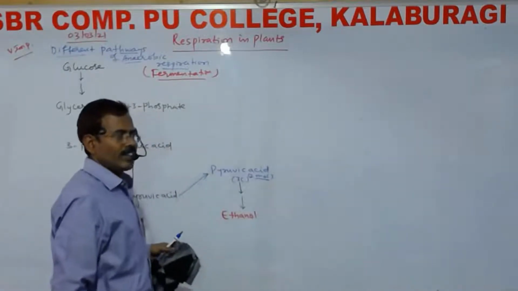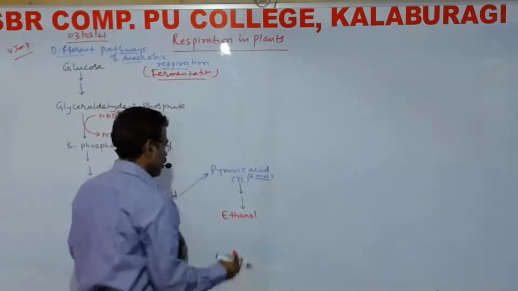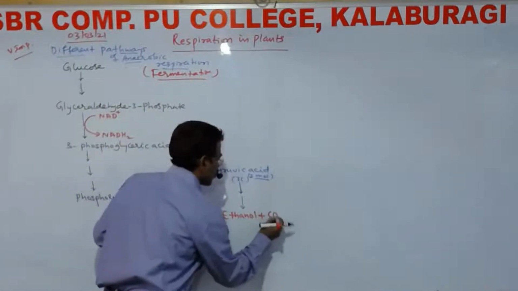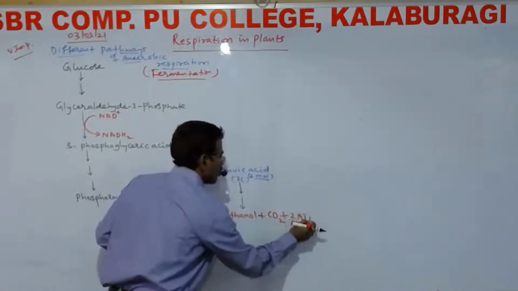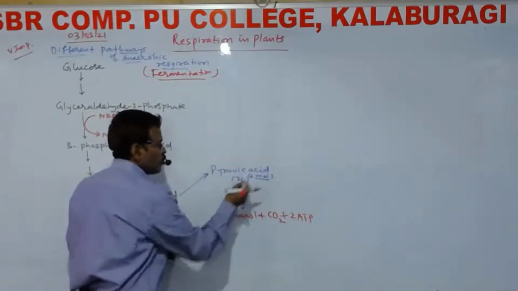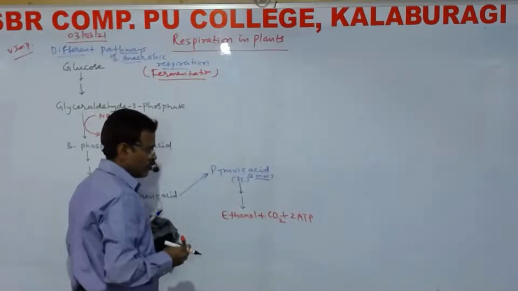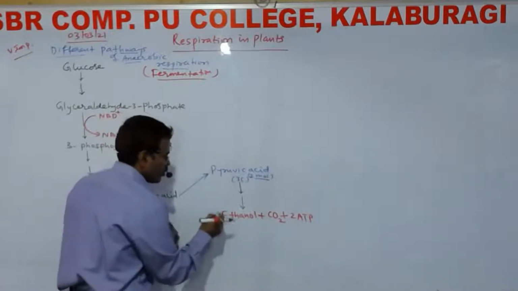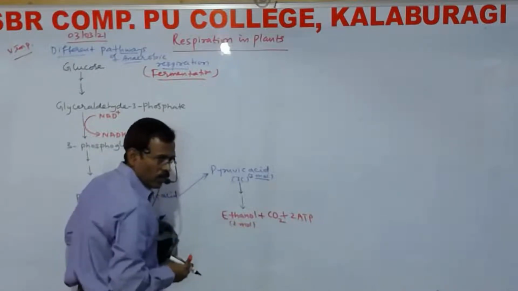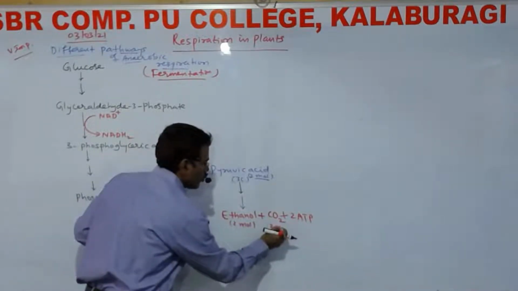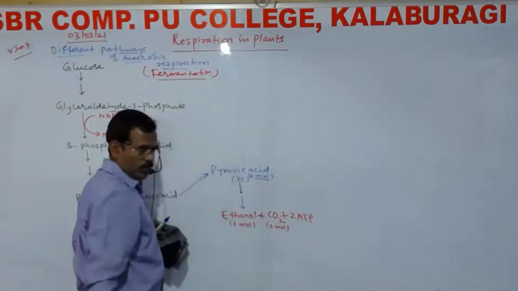Ethanol is ethyl alcohol. Okay, ethanol plus carbon dioxide, and 2 ATP can be produced. So 2 molecules of pyruvic acid produce 2 molecules of ethyl alcohol and 2 molecules of carbon dioxide. Right.